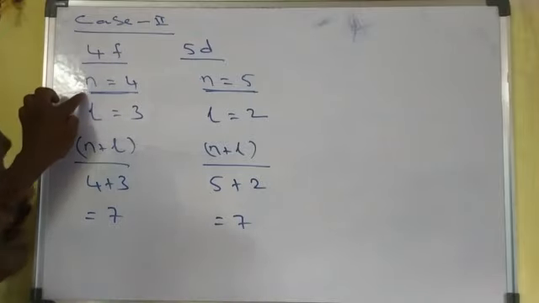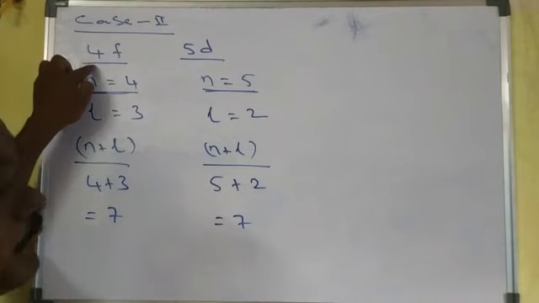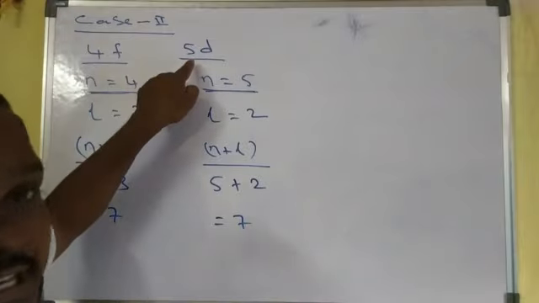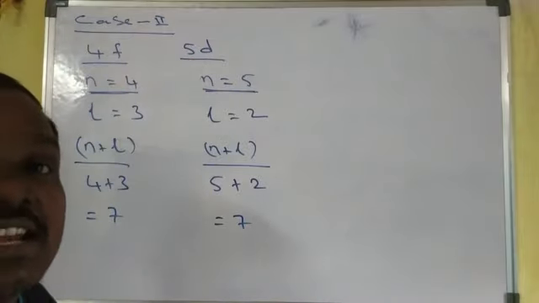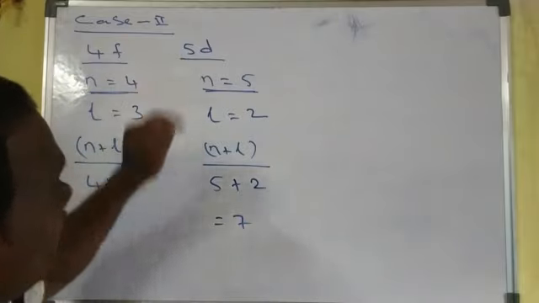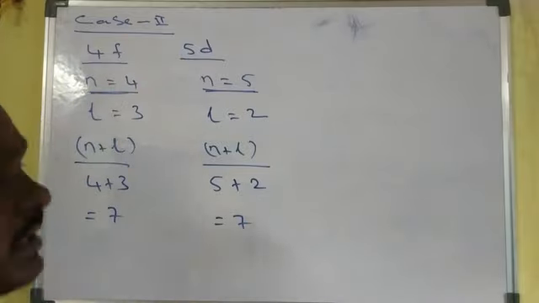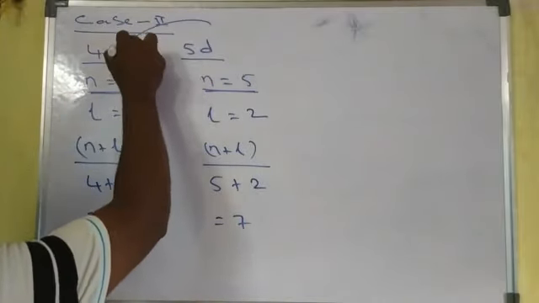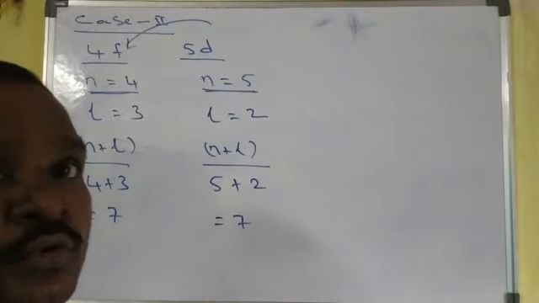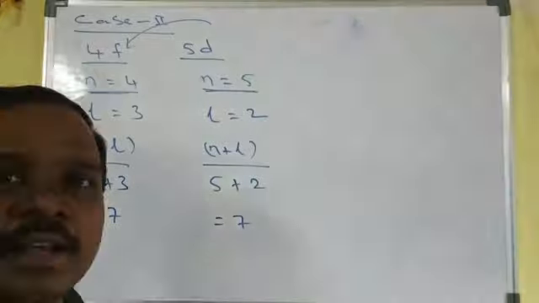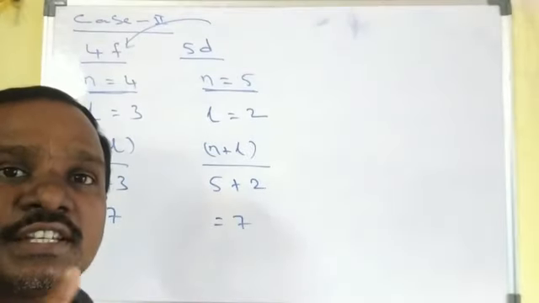The 4f orbital has the lower n value. That's why the 4f orbital has lower energy than the 5d orbital. So the electrons enter into the 4f orbital first and the 5d orbital next. So this is case 2.